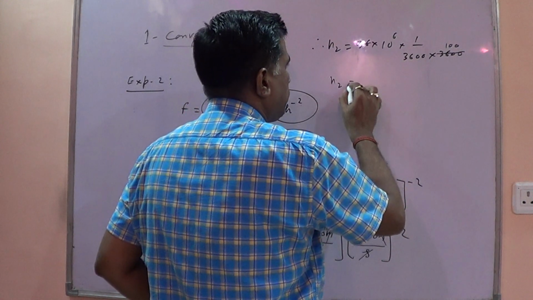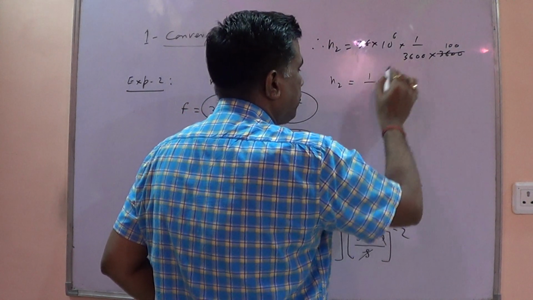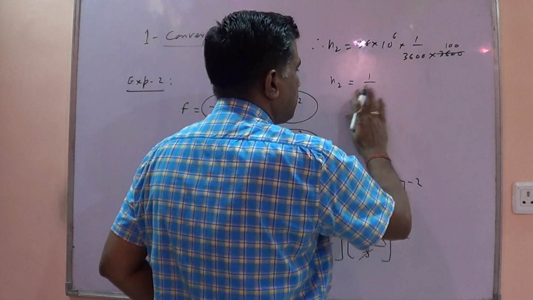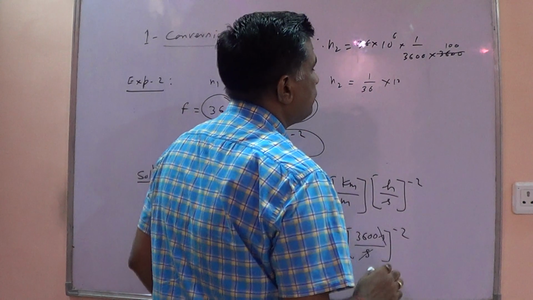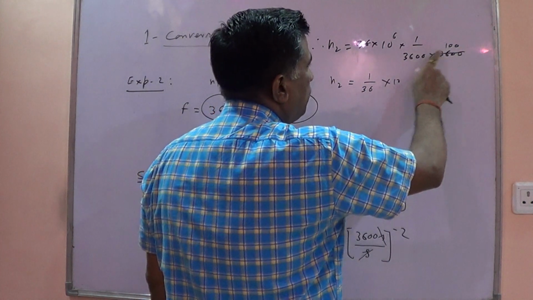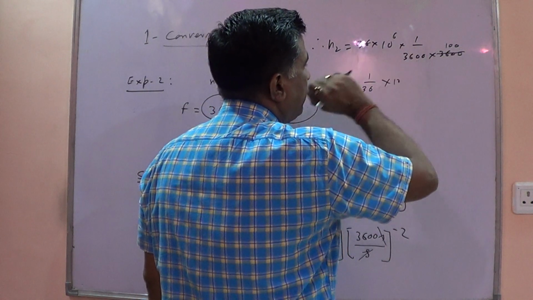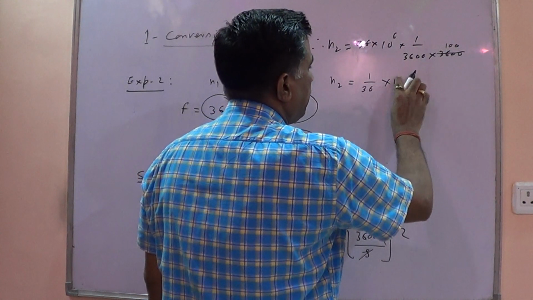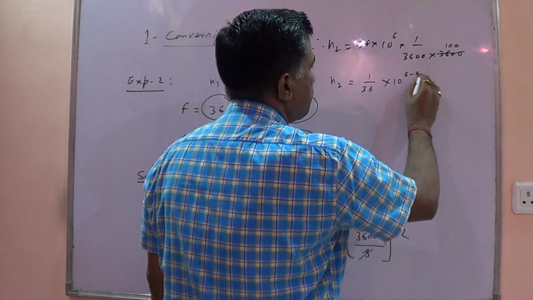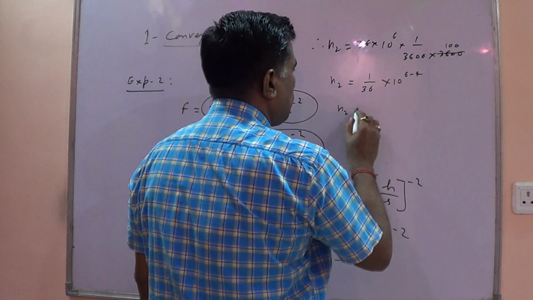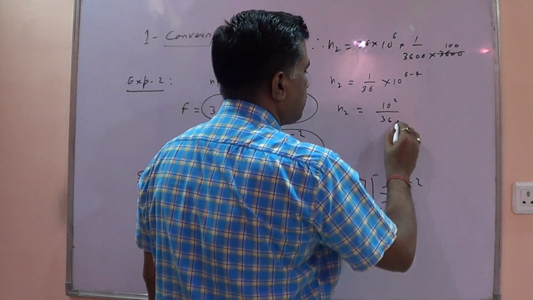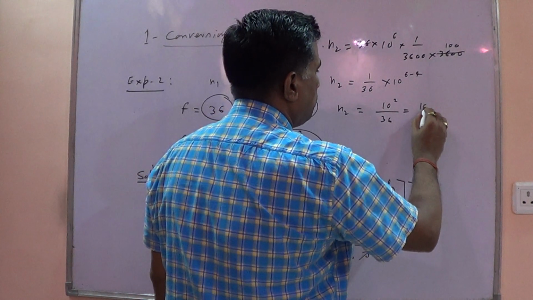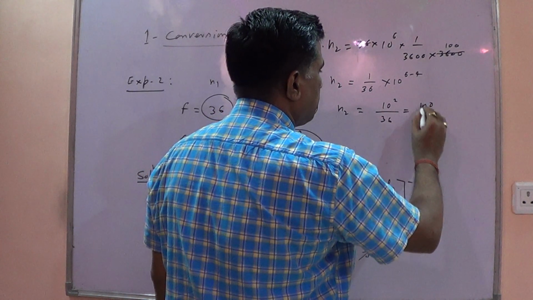So N2 is equal to, I can write 1 by 36 separately, and 10 to the power 2 and 2, 4. In the numerator there is 10 to the power 6, so I can write 10 to the power 6 minus 4. So N2 will be equal to 10 to the power 2 by 36, which is equal to 100 by 36.